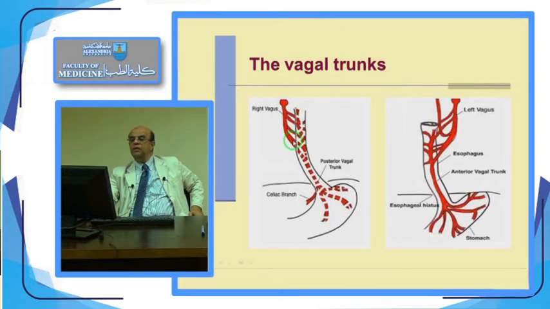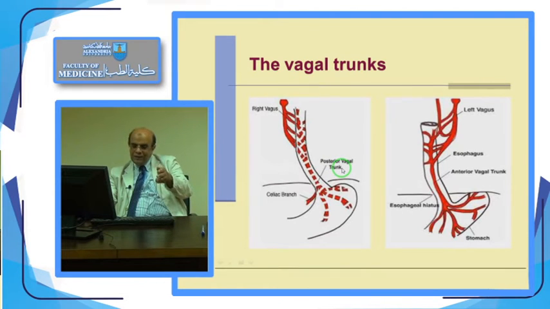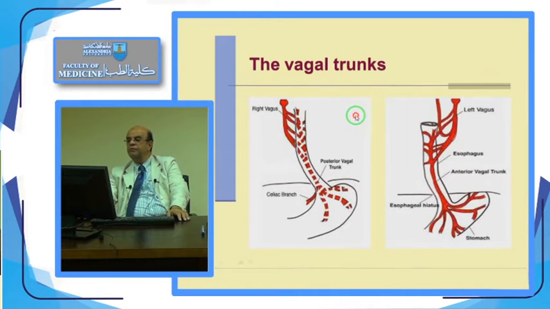This is the right vagus, only one trunk. It forms the posterior vagus, and this left vagus forms the anterior vagus, which has different fibers that lie beneath the phrenoesophageal membrane in direct contact with the esophagus, different from the posterior trunk of the vagus, which is not truly attached to the esophagus and is separated from it to a certain level.